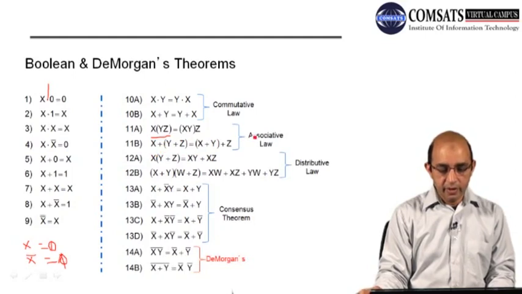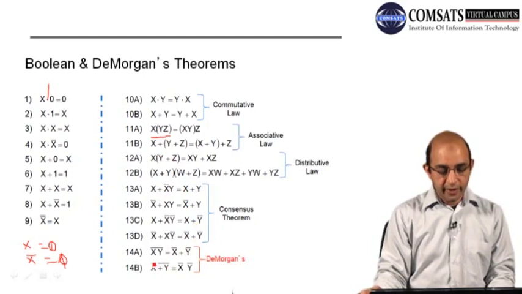And this is the associative law when we have the OR operation, right? So this is the distributive law, right? This is like multiplication. And this is also the distributive law, and these are the consensus theorem, right? x plus x bar y is equal to x plus y, right? So these are DeMorgan's laws, right?